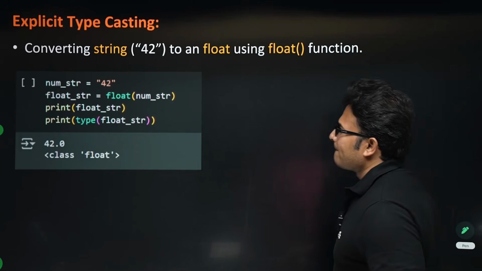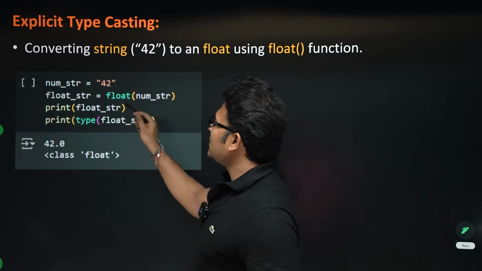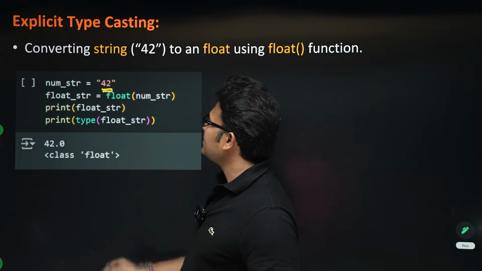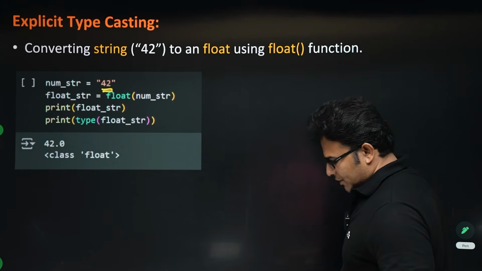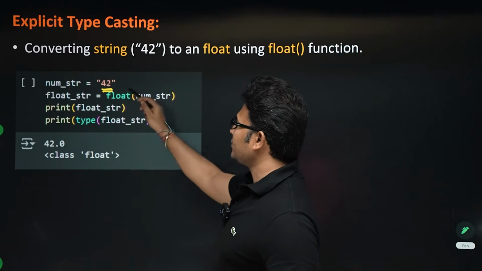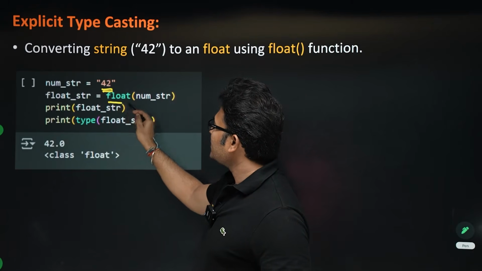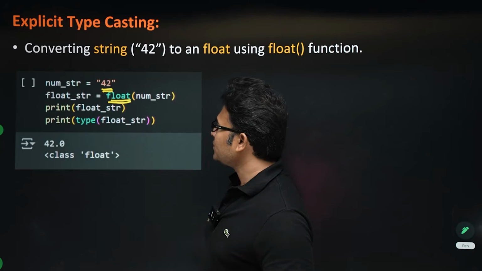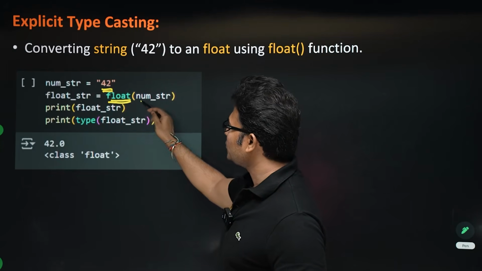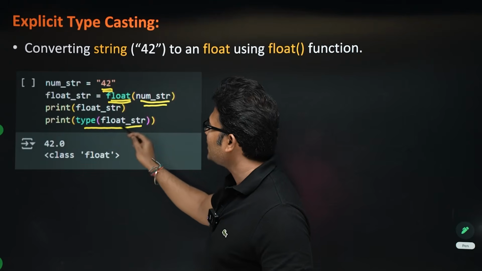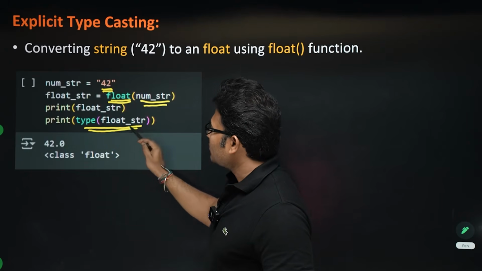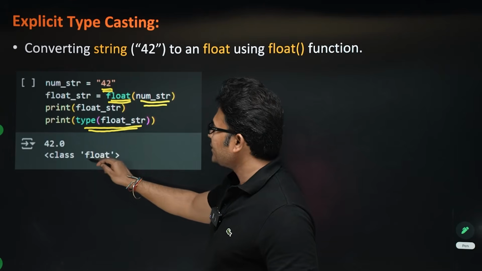Now, if 42 is a string, you can convert it into a float by passing it to the float function. And if you see the type of the final variable, it is float.